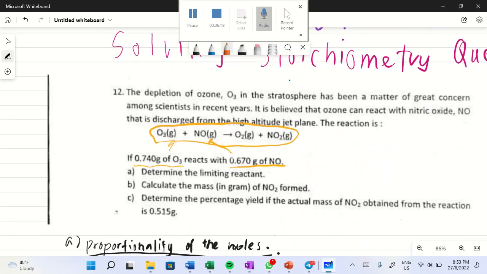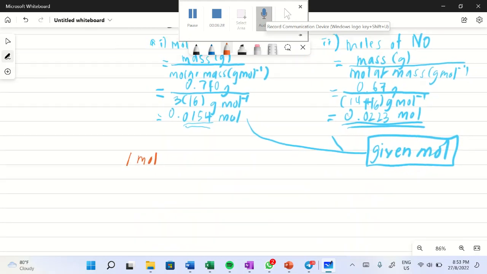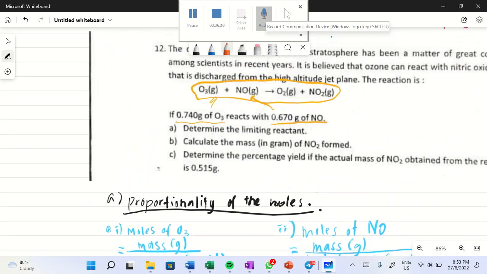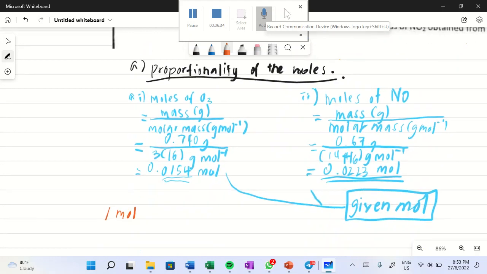Before we find the limiting reactant, we have to make sure that the equation is balanced. So this equation is already balanced.